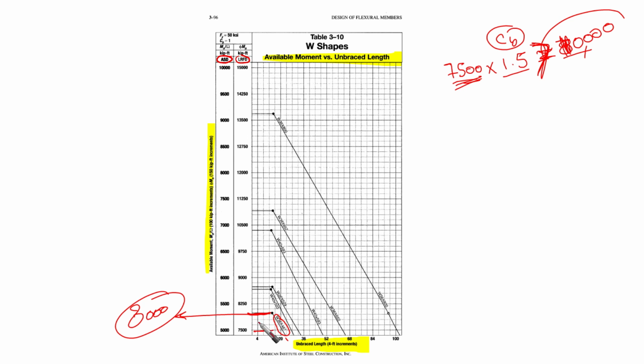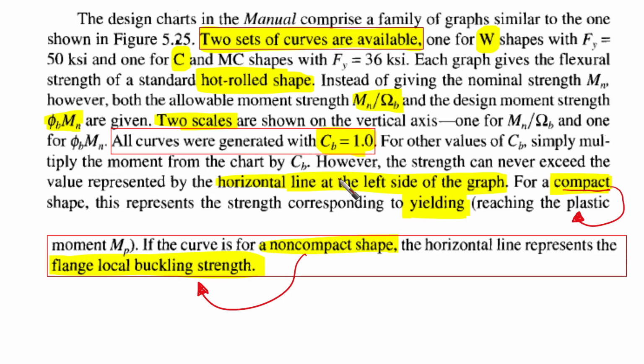So whenever you multiply the required strength by 1.5, which is the value of Cb, and the total value is going to be higher than the plastic moment, Mp, the horizontal line, then you need to limit your strength by this value. I'm going to show this in the example, so do not worry about this.